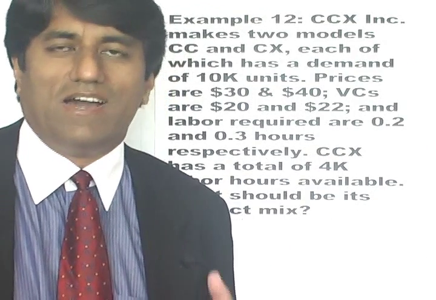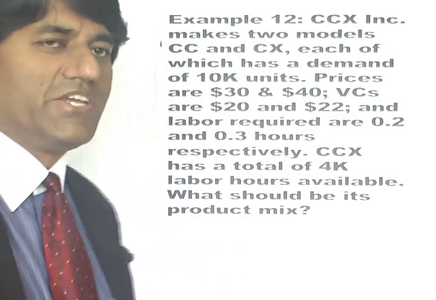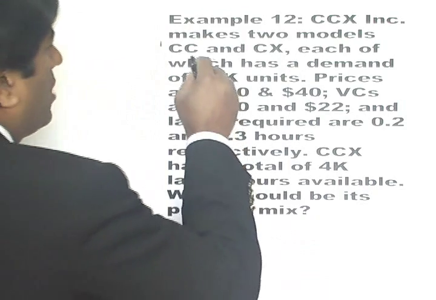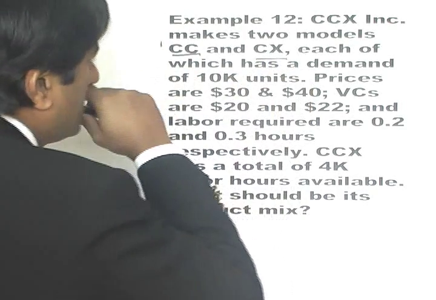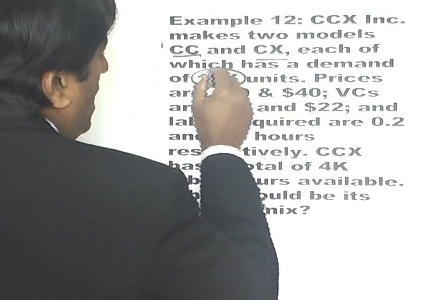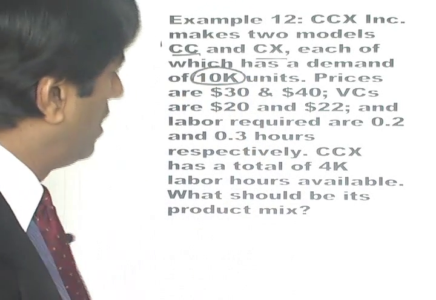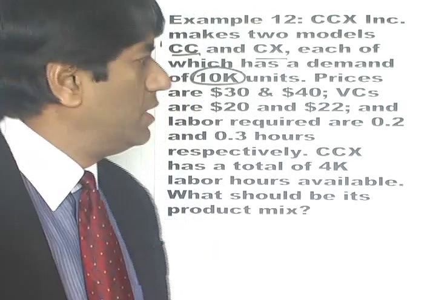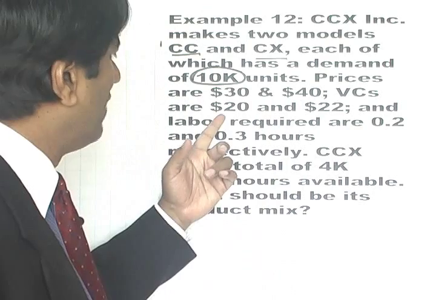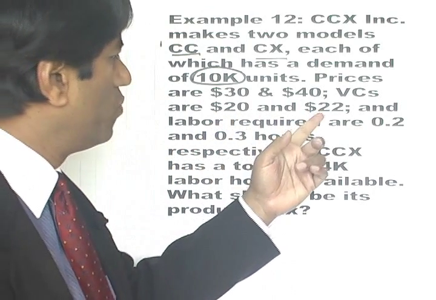Here we have another question on profit maximization, and this firm produces two models, CC and CX, and each model has a demand of 10,000 units. Now the prices are given as 30 and 40, and the variable costs are 20 and 22.